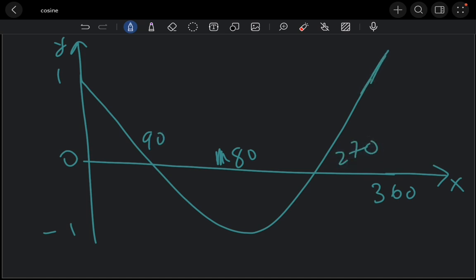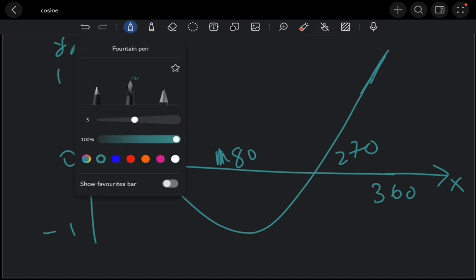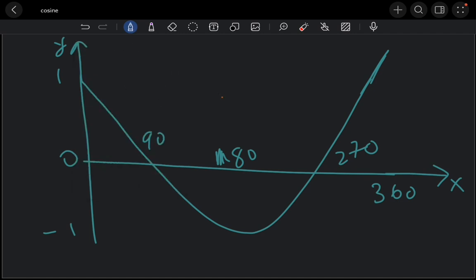Okay, now let's look at the dynamics of the cosine function. f of x is equal to cosine of x. Now when you look at this function, it's negative. Let's call this point A. We know at this point it's 0. Okay, so now it's negative from here.